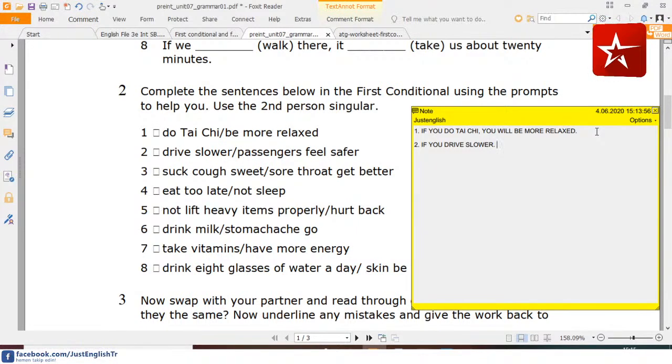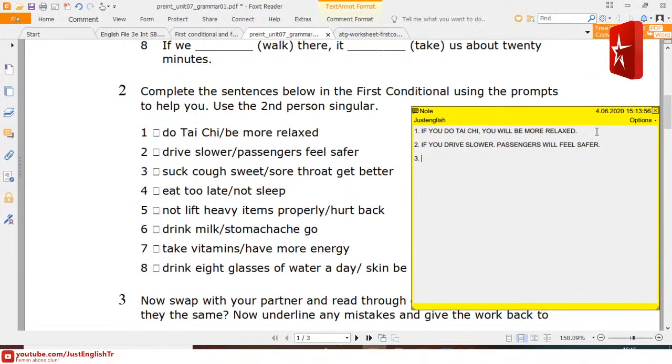If you drive slower, passengers will feel safer. Yes, that is the correct answer for number 2.